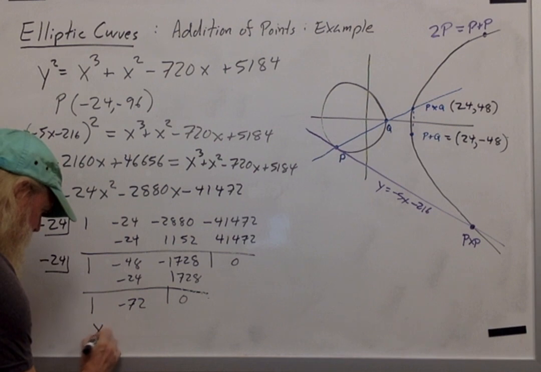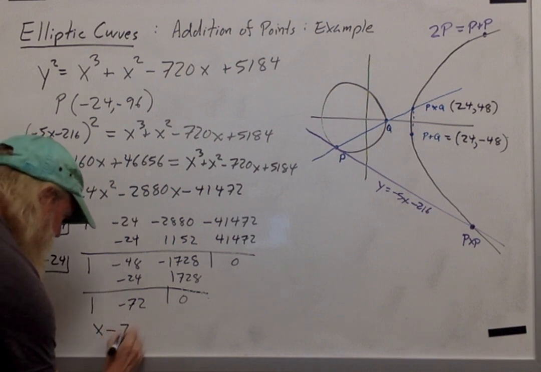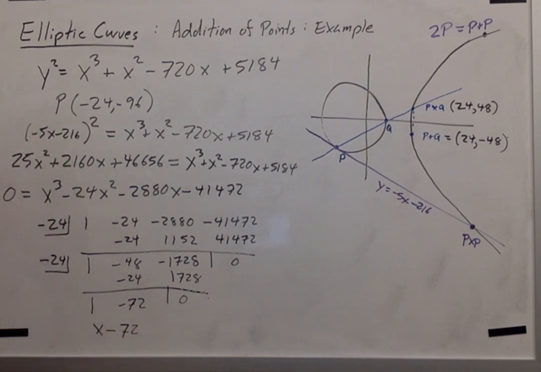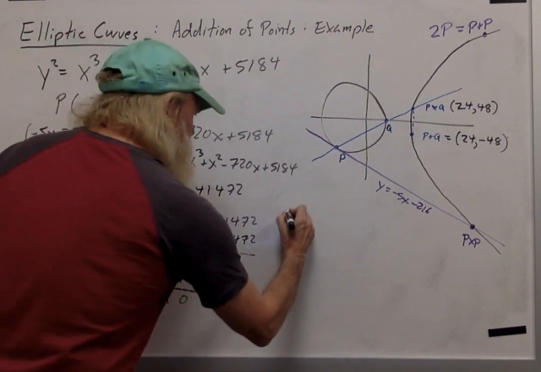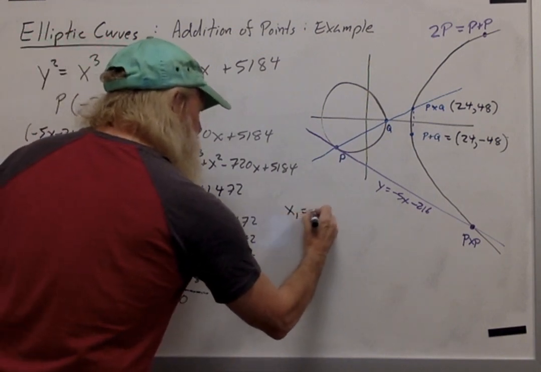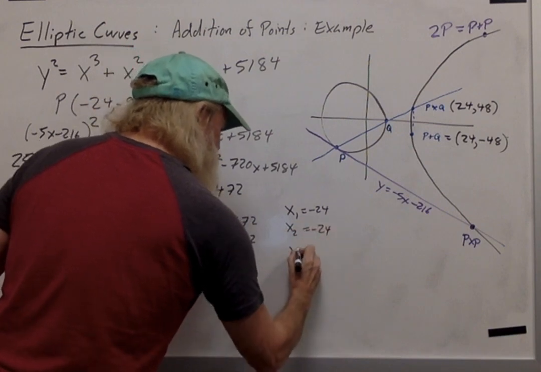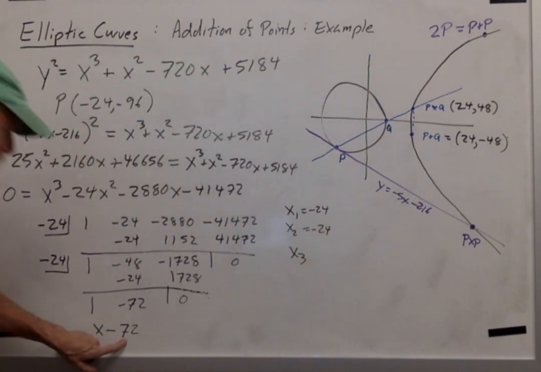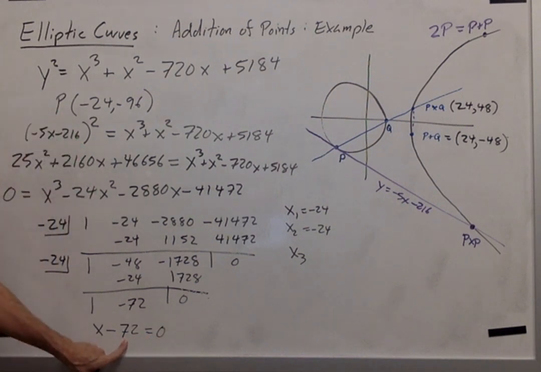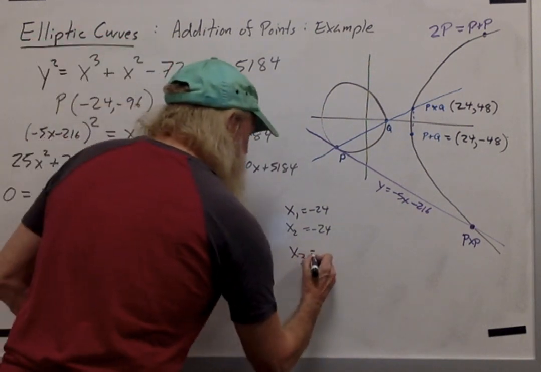So my third factor is going to be x minus 72. So my three solutions are going to be x1 is negative 24, x2 is negative 24, and x3, when I set this equal to 0, I get x3 equals 72.